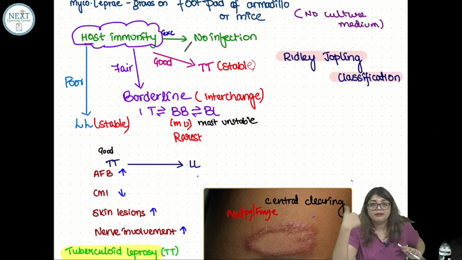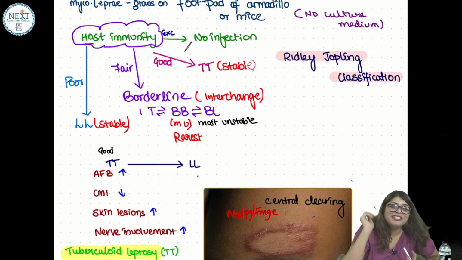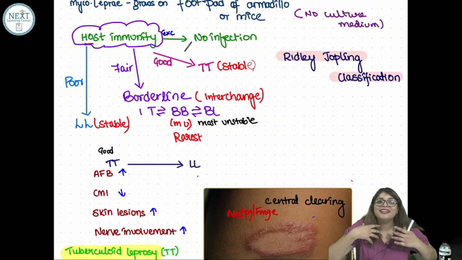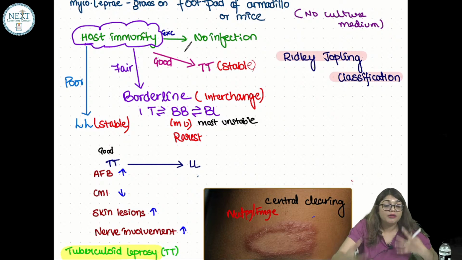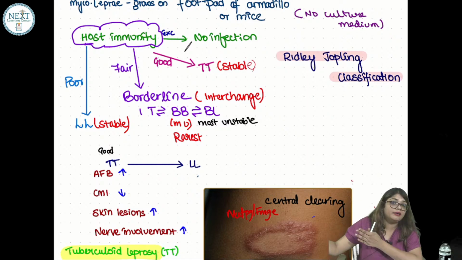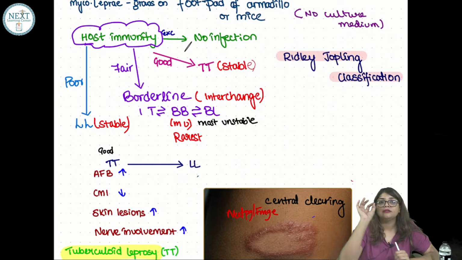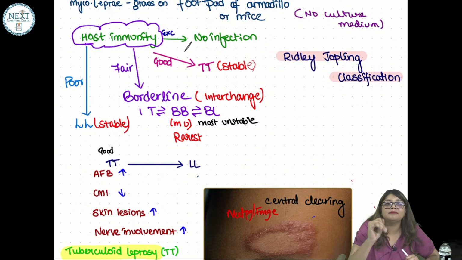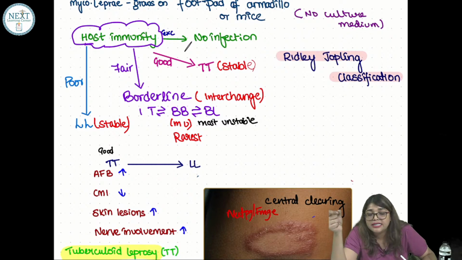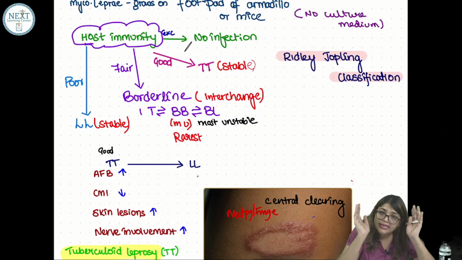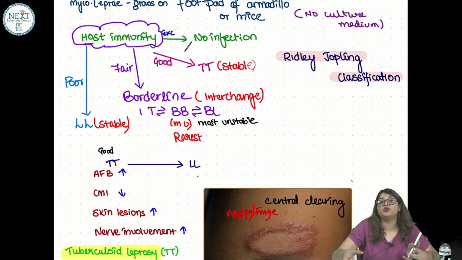Like you and me, we have very good immunity. It's excellent. So we will never have an infection. But what if your immunity starts decreasing and now it's only good? So T to L. So the first kind of leprosy that comes is TT, tuberculoid leprosy. It is in its stable form. ठीक है, ये stable है, or it is in good immunity.